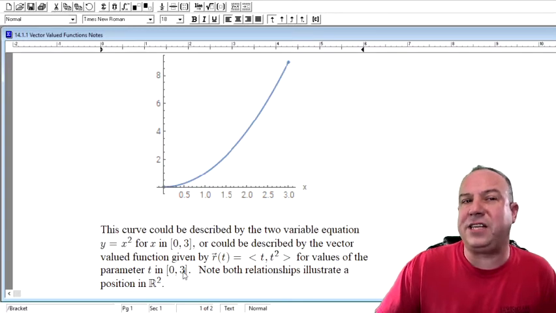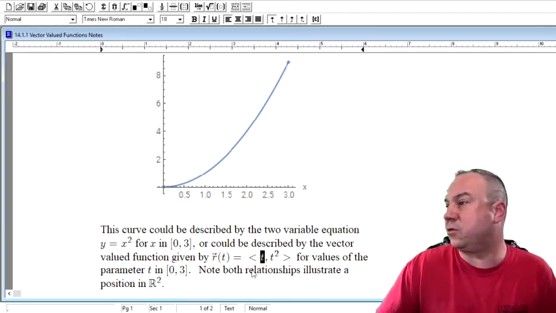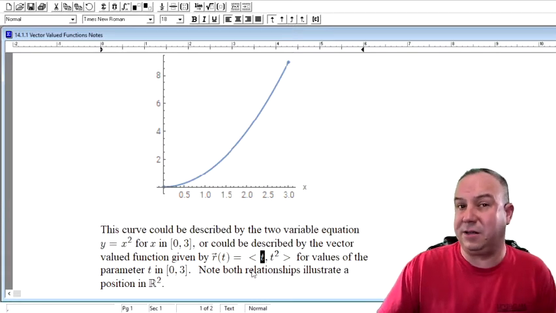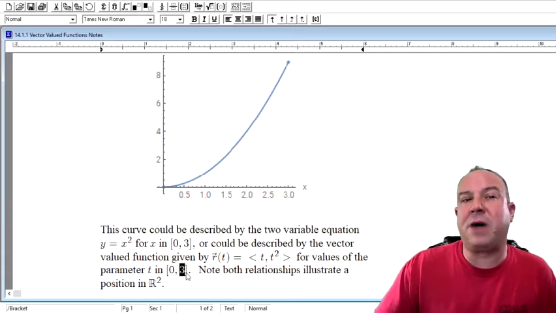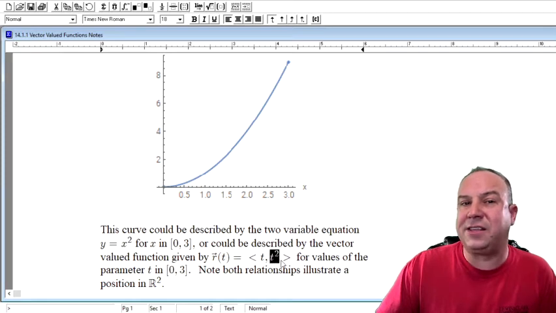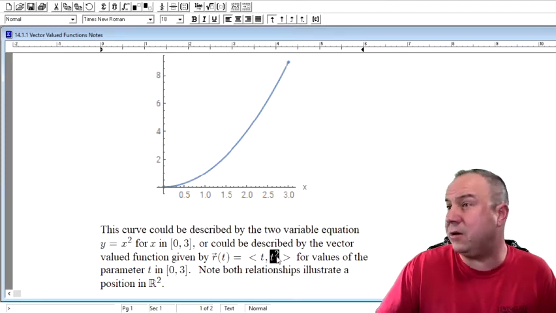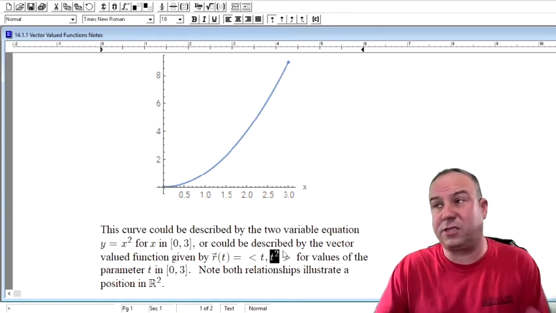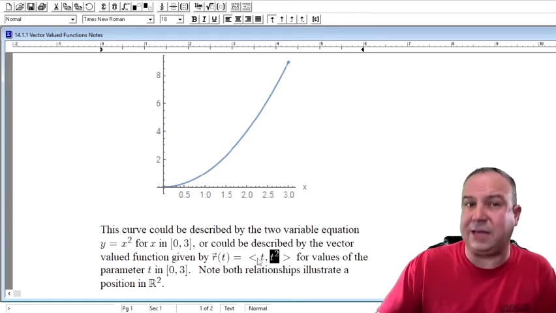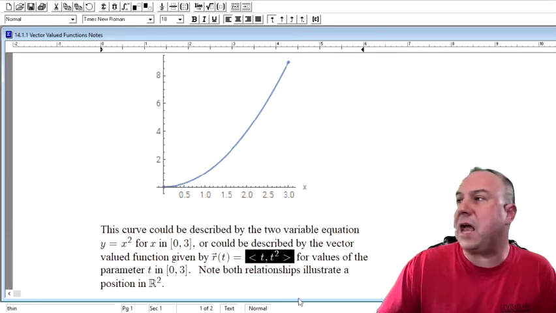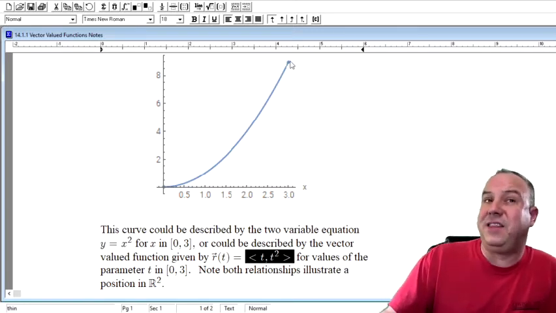Whereas if I'm at t equal to 3, my x component for the description of location is at 3, whereas my y component at this description of location where t equals 3 would actually be at t squared. T being 3, that would be 3 squared, that would be at 9. So this vector would actually be pointing to this location right here on the parametric curve, or on this vector-valued function.